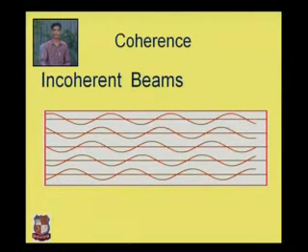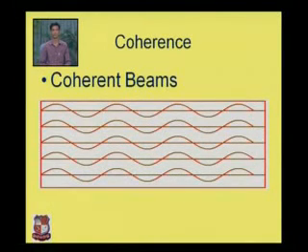In this you can see that the individual waves don't have any specific pattern, so they are not in the same phase. But if you see this, they are coherent. You can see the individual beams moving in the same pattern, and all the waves are in the same phase.